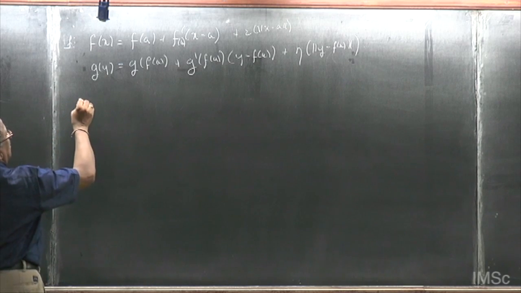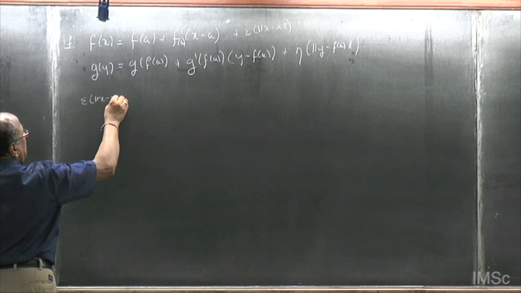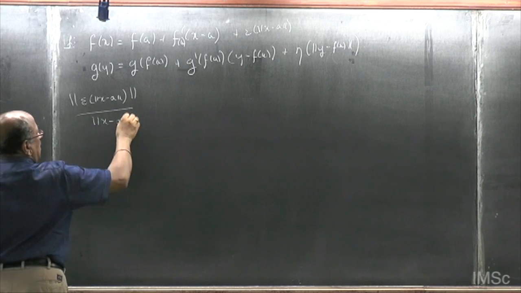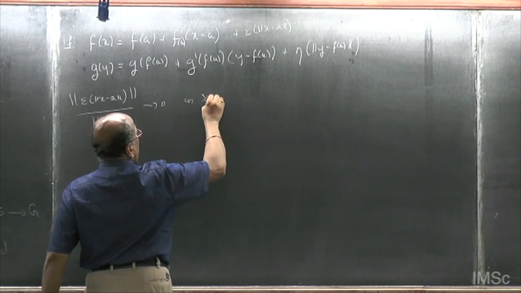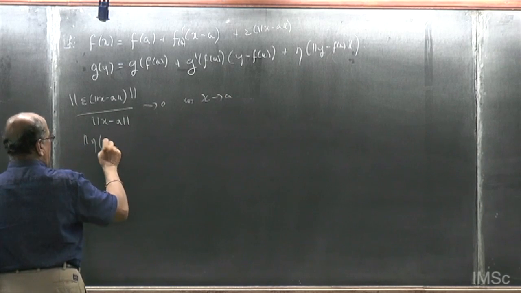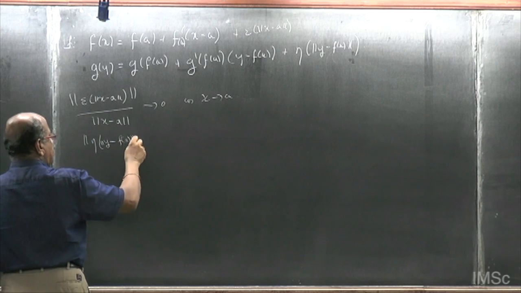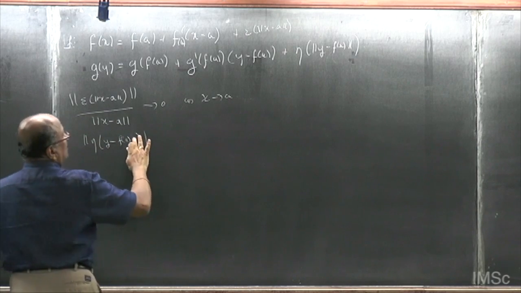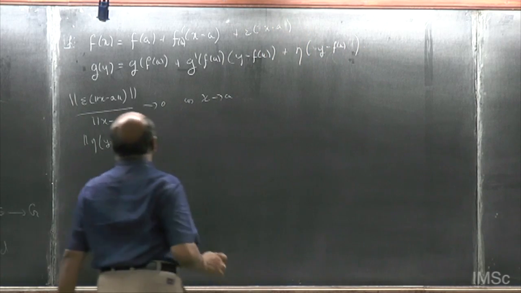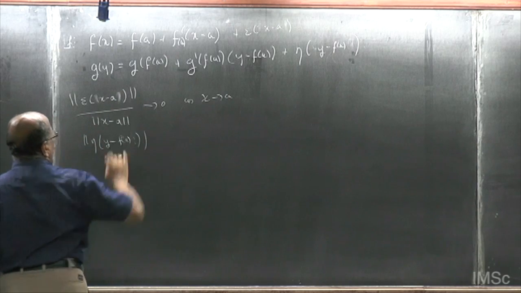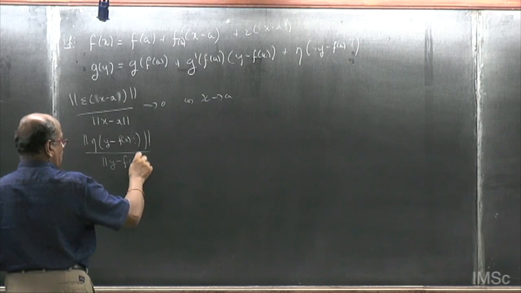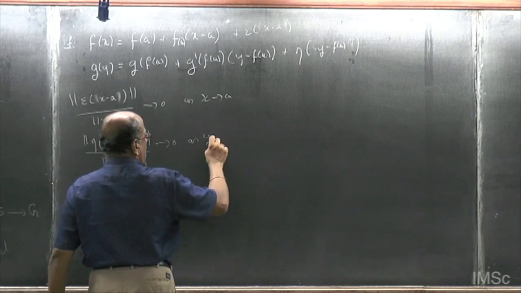So, what do you know about epsilon and eta? Norm of epsilon divided by norm x − A tends to 0 as x tends to A, and similarly norm of eta, some error term, divided by norm of y − f(A) goes to 0 as y tends to f(A).